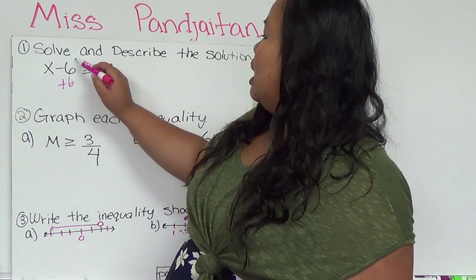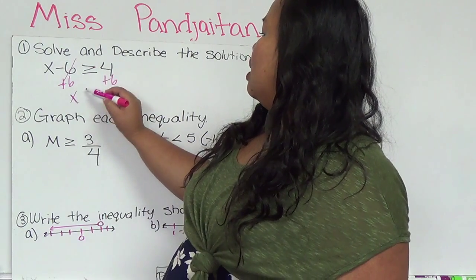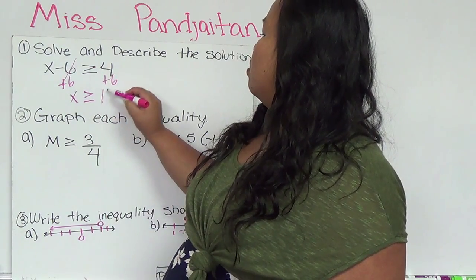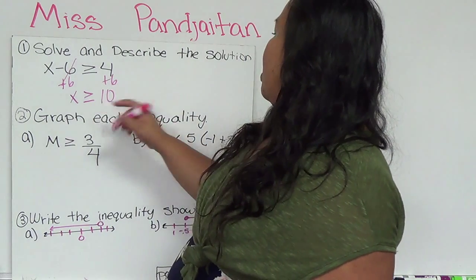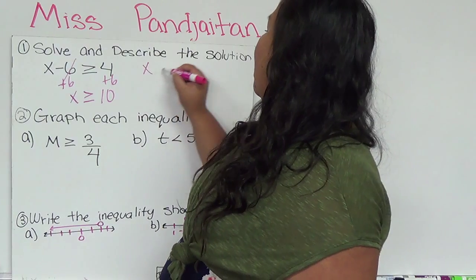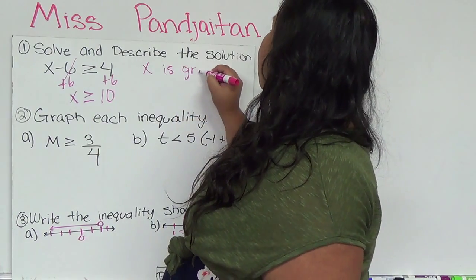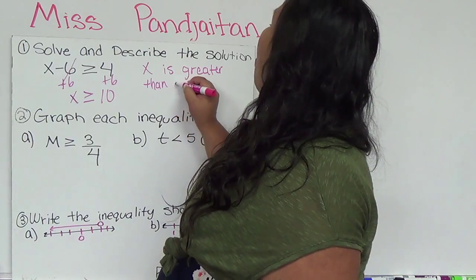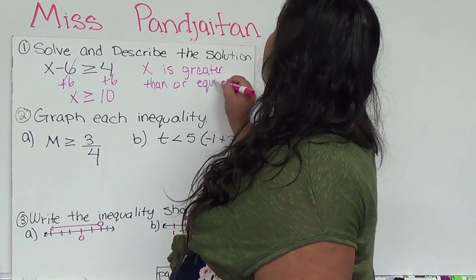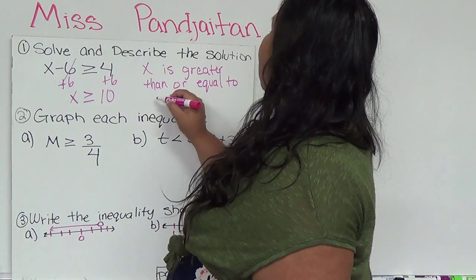This cancels this out and we end up with x is greater than or equal to 10. So I explain this by saying x is greater than or equal to 10.